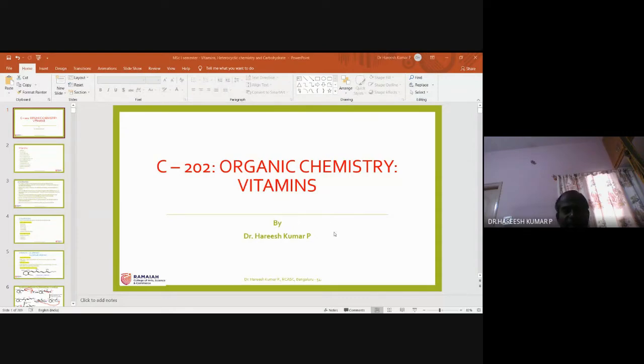Maybe now I will switch over to presentation mode. You just tell me whether you are able to see the cursor or pointer or not. So this is presentation mode. I will take a pointer now. Is the pointer visible or not? The pointer is near the vitamins.